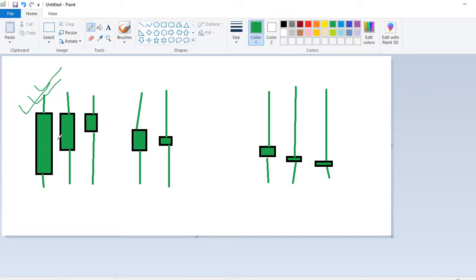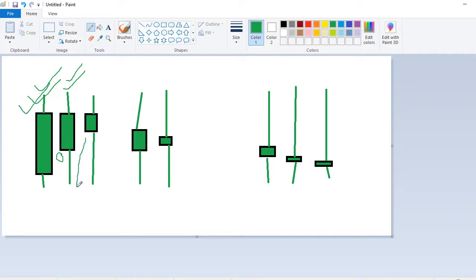If you look at this second candle, the sellers tried to push it down, but again buyers entered, they pushed it up, this is the open price, and they were able to close successfully in green. So this can also be treated as a bullish candle. This is a bullish candle, and this is also a bullish candle. And what about this? Look at this candle.